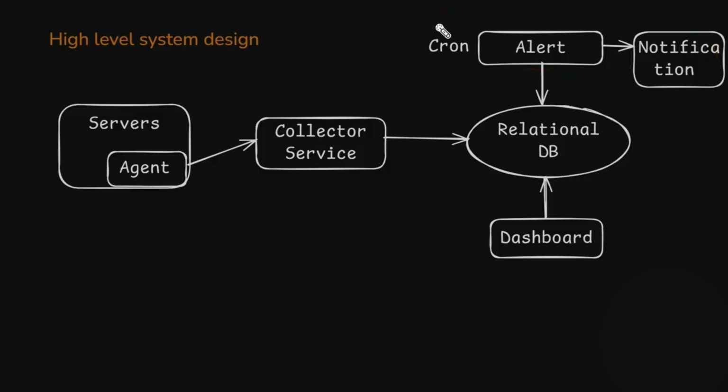But this is not a scalable system, though it satisfies all the core functionalities and we are able to explain the end-to-end flow. So let's get into the deep dive. Let me copy the basic flow diagram for the deep dive.